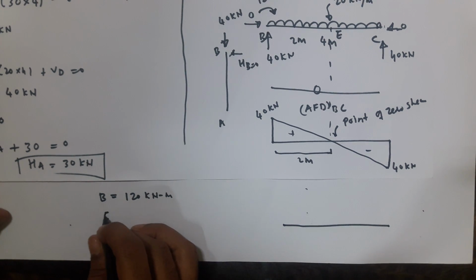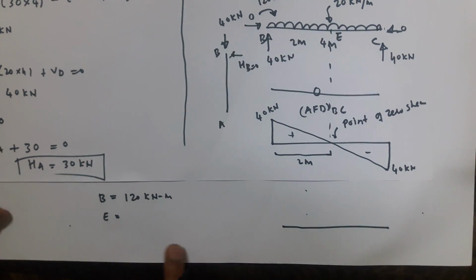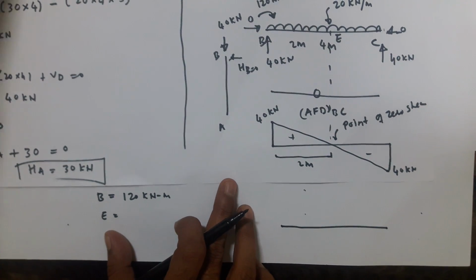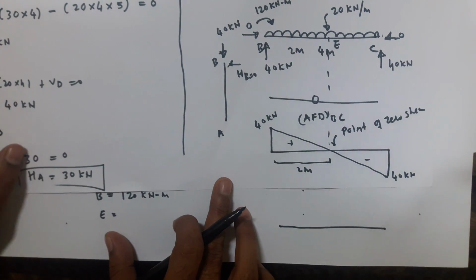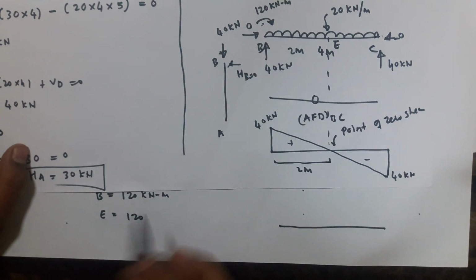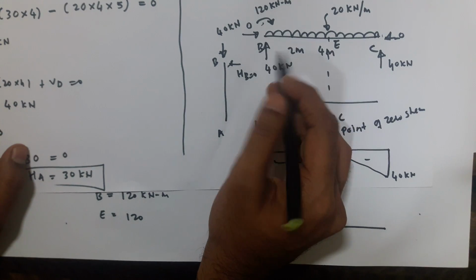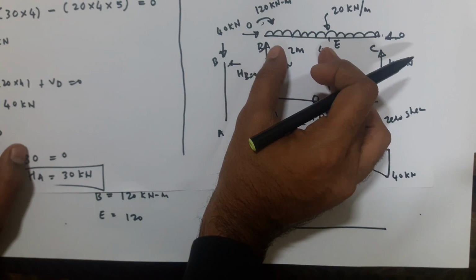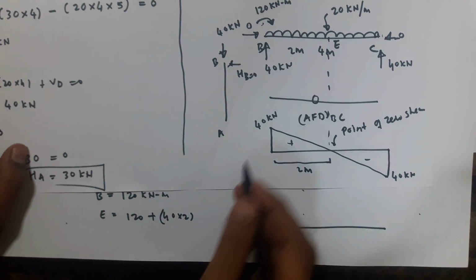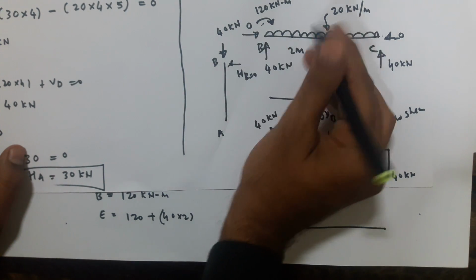Bending moment at point E. You are going from B to E. You have to take all the forces and moments into consideration. So bending moment at E: this 120 will come clockwise positive. Take a positive value because you are following the direction left to right. Then this 40 will come, 40 into 2. This will create a clockwise moment, plus 40 into 2, and you have this UDL for this much span.